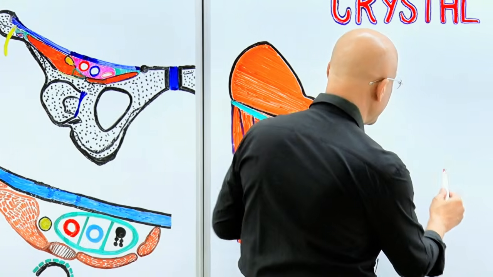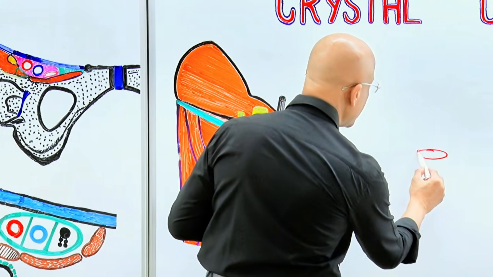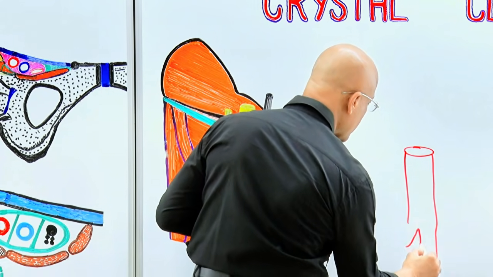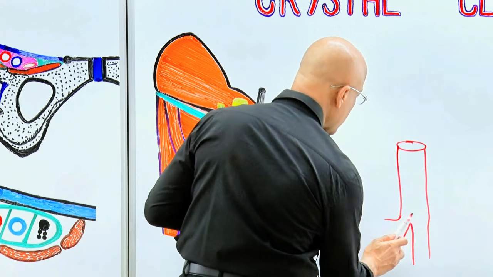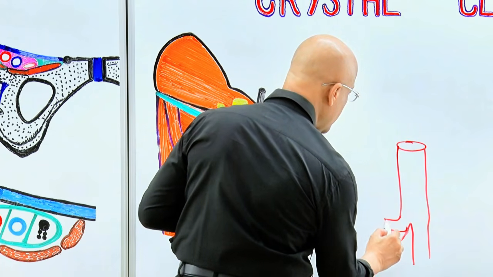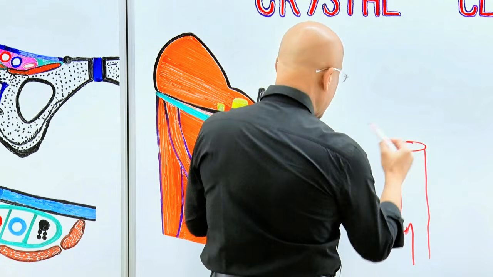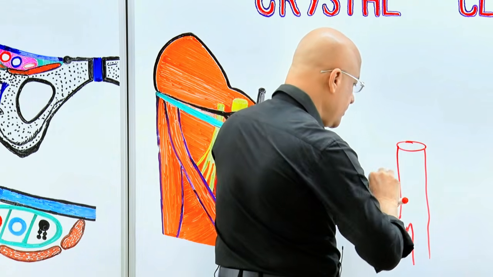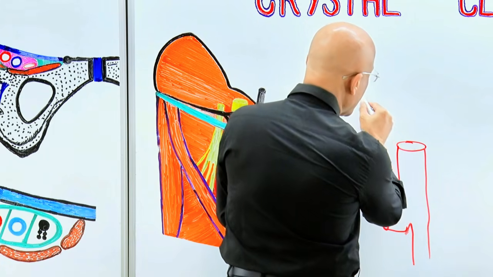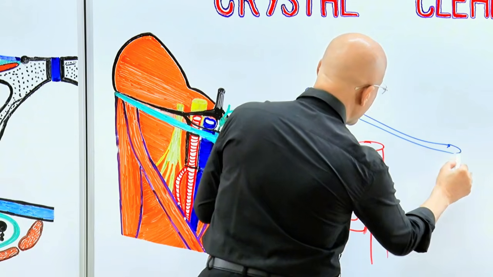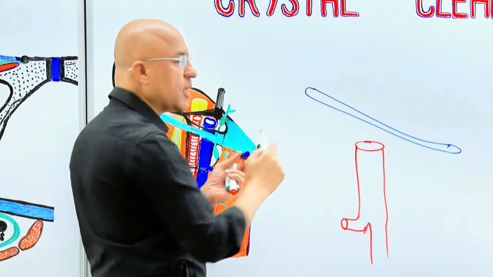Let's suppose I put the artery here. This is the profunda femoris branch. And here is the inguinal ligament.